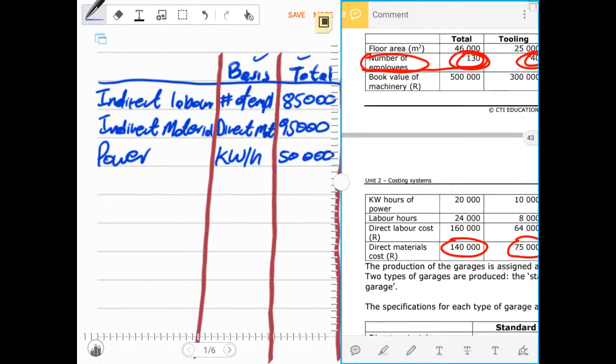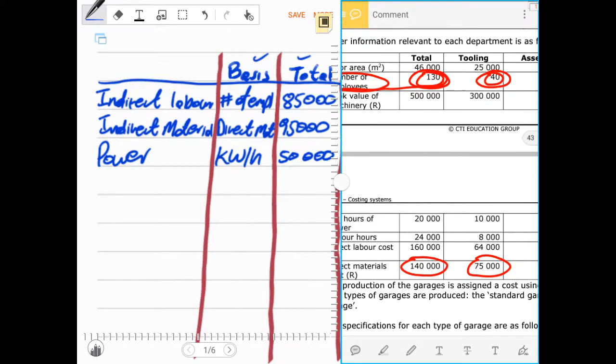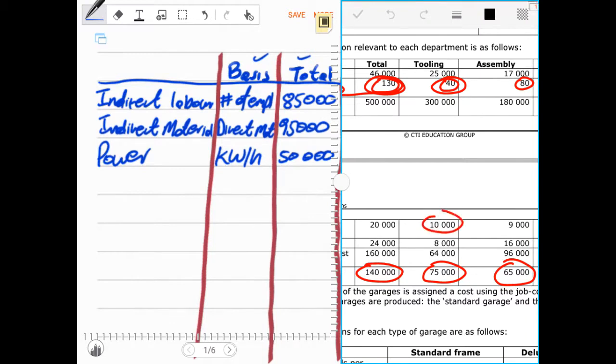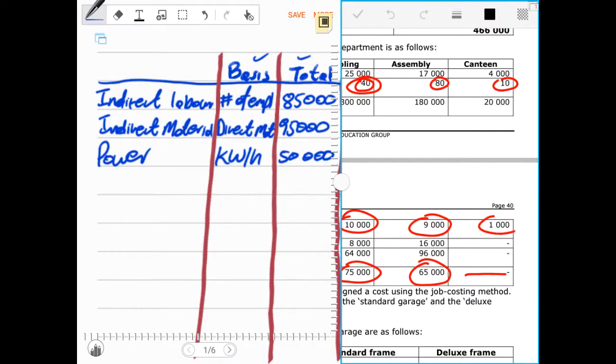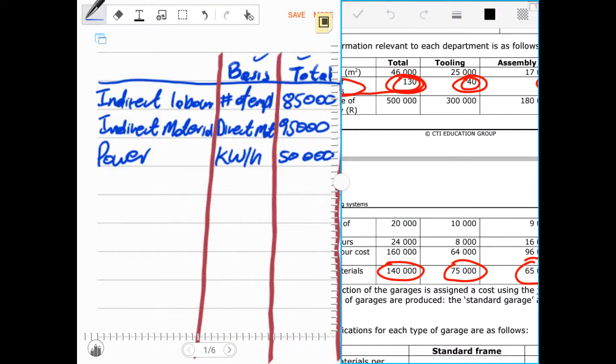Our kilowatts per hour: we had 10,000 for tooling department, 9,000 for the assembly department, and 1,000 for the canteen department. So now the total of that is 20,000, which is the total of the kilowatts for all these three departments.